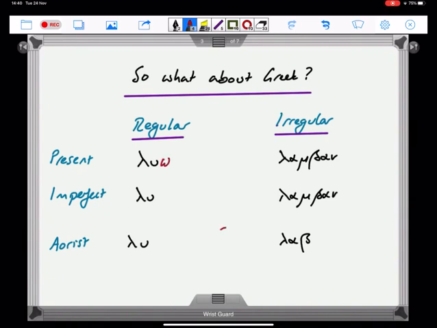and then augmenting lu on, and then augmenting and adding a sigma, and then an alpha for the aorist. In the irregular, we'll take lambano, which means I take or receive. Lambano in the present, that's still the same. Imperfect, elambanon.